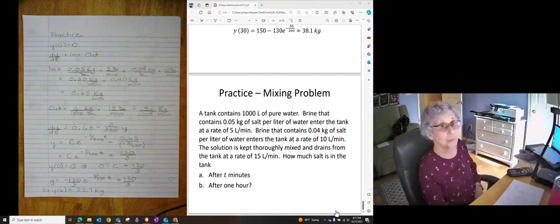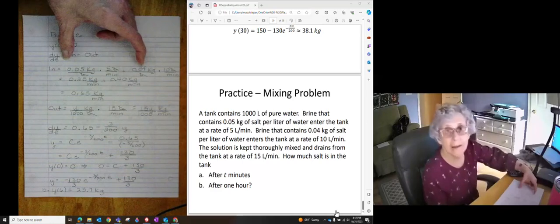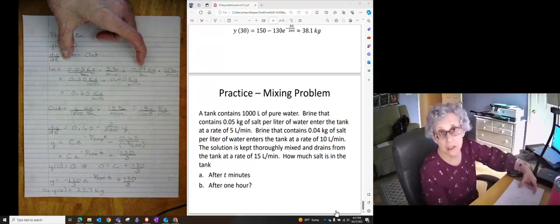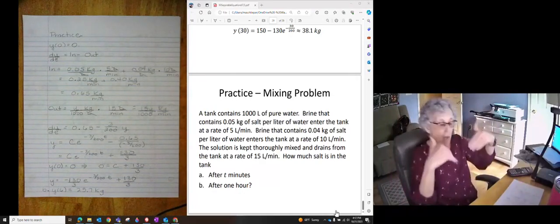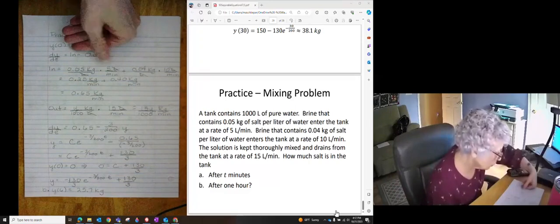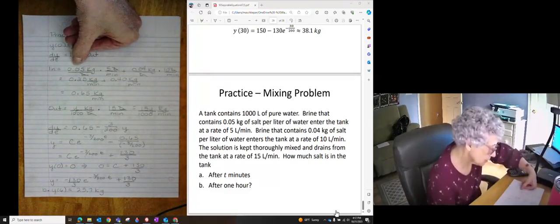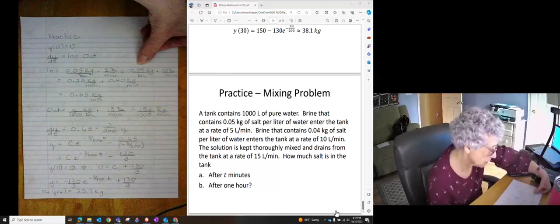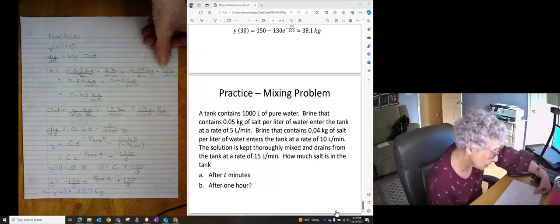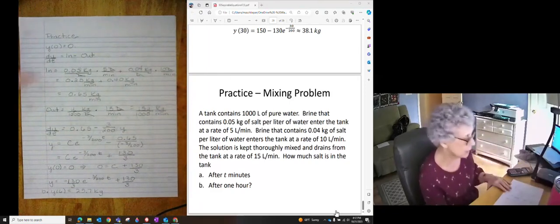This one was a little bit more complicated than the example that we did because you had to add two pieces together to get your in rate, because you had two pipes draining into it. One was coming in at 5 liters per minute with 0.05 kilograms per liter of salt, and the other one only had 0.04 kilograms, but it was coming in at 10 liters per minute.